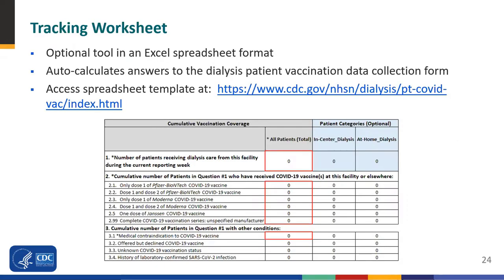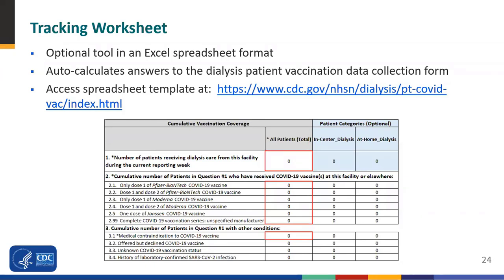This slide reviews a data tracking worksheet that CDC has developed for dialysis facilities. This is an optional tool in an Excel spreadsheet format that is designed to help with data collection. Facilities can enter patient vaccination information and select the week of data collection.